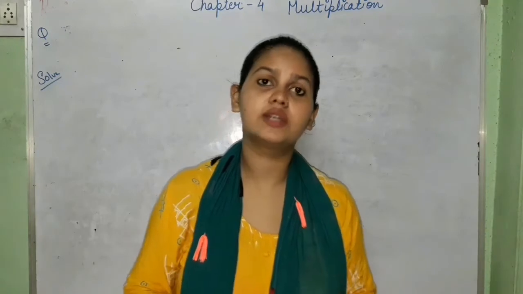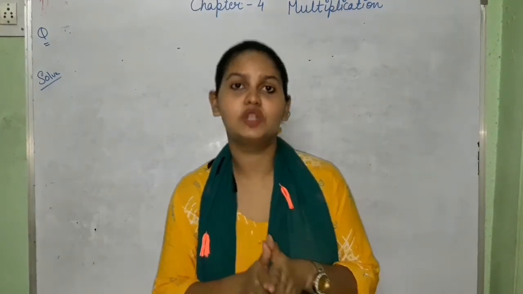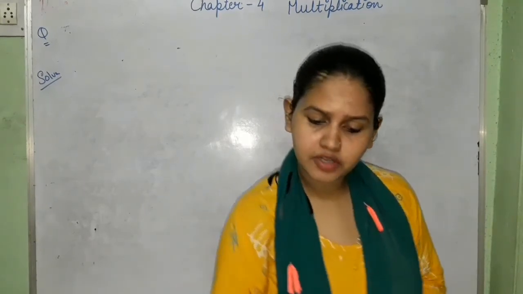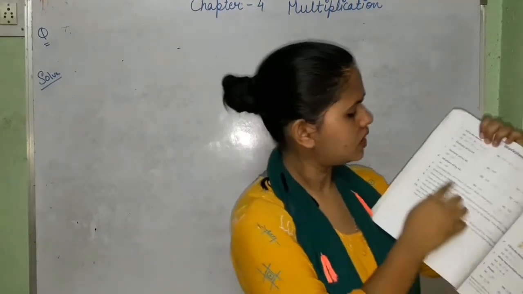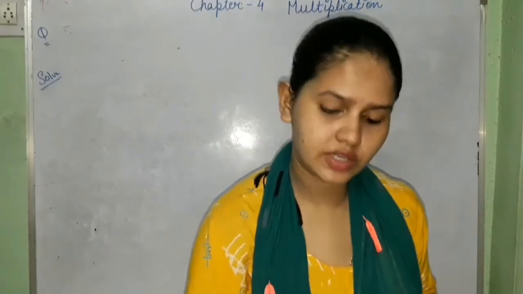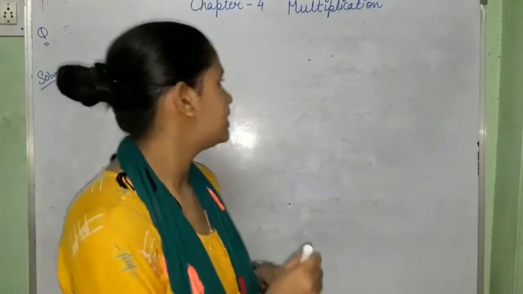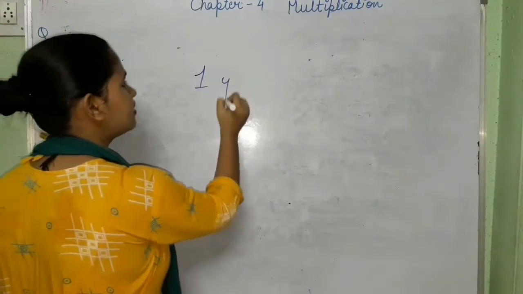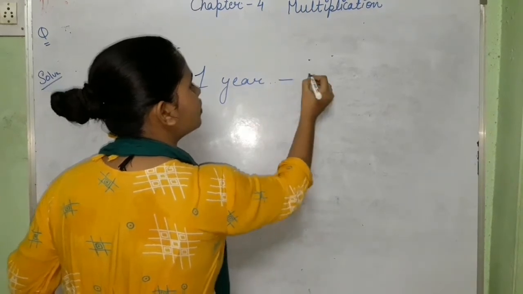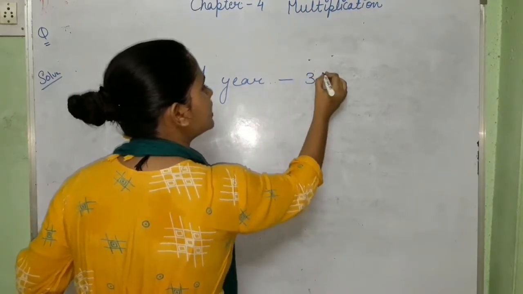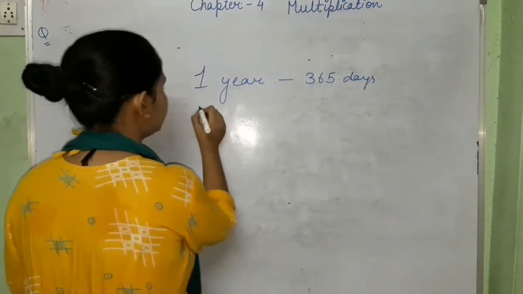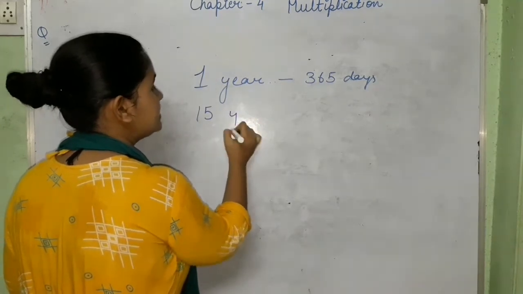So firstly you have to understand all these statement sums, and then you are able to know how to express these. Okay, so in the first one you can see how many days are there in 15 years. Now we know that in 1 year there are 365 days, right? And yes, what they asked us is 15 years.